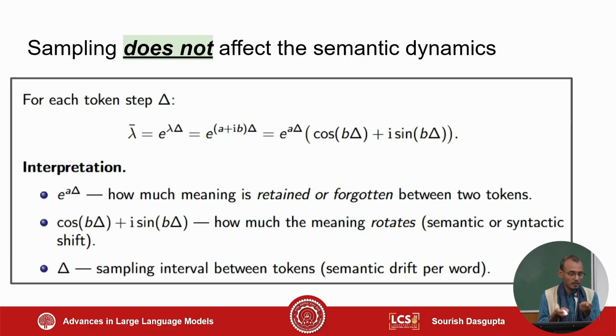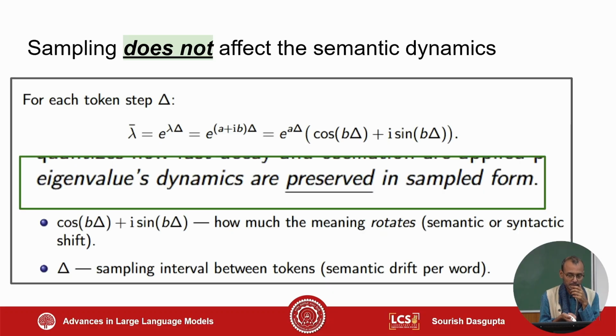Cos beta delta plus i sine beta delta is the fluctuation, because of the sinusoidal curve, or the recurrence, and delta is the sampling interval between tokens. You can consider delta to be 1 for a language model. So eigenvalue dynamics are preserved in the sampled form.